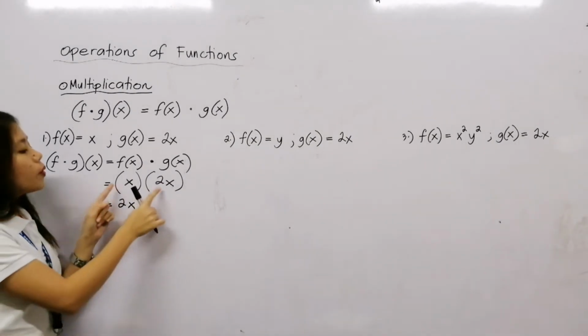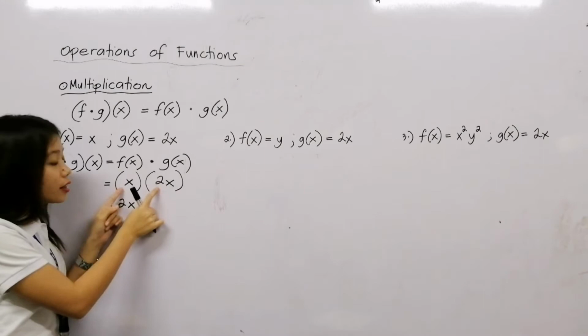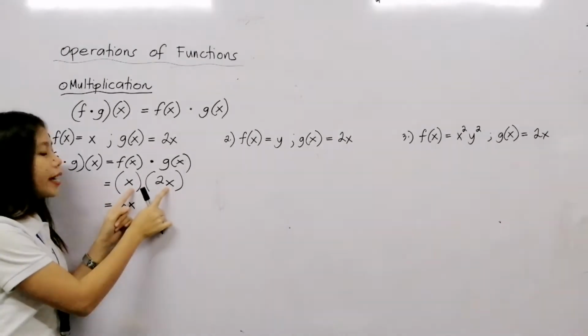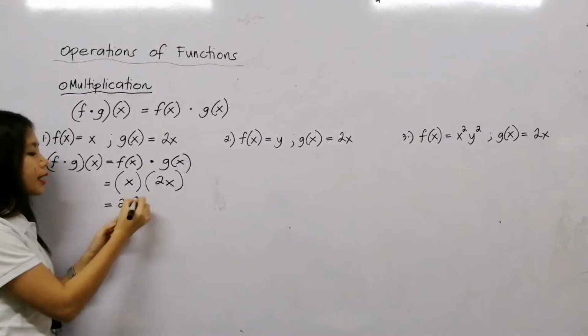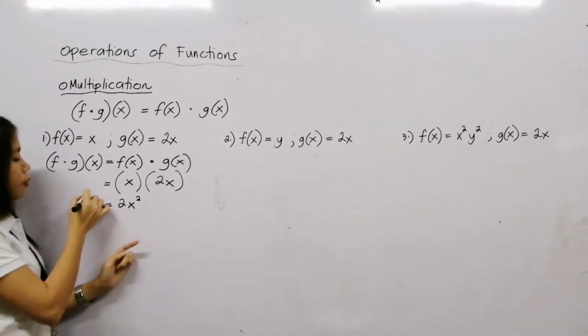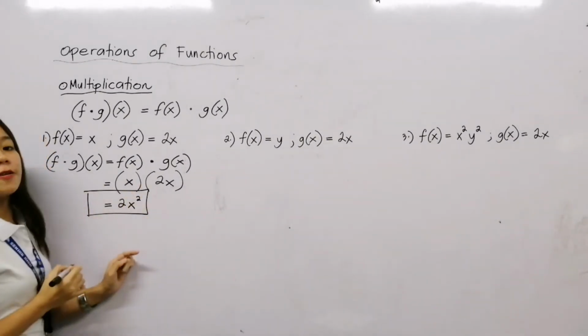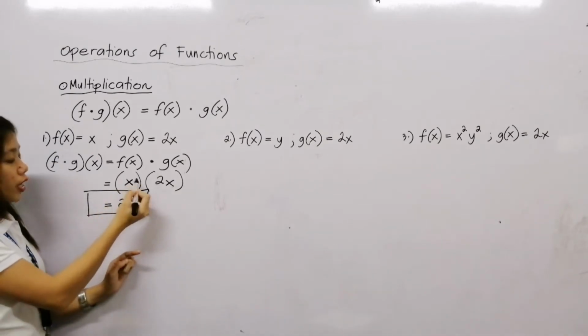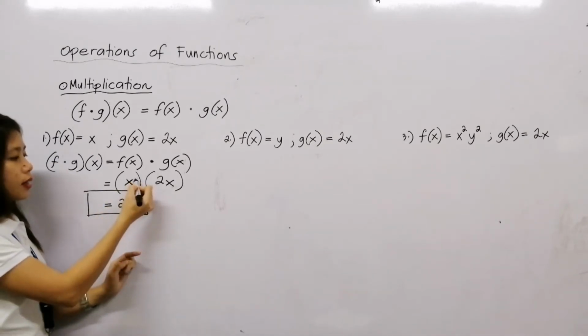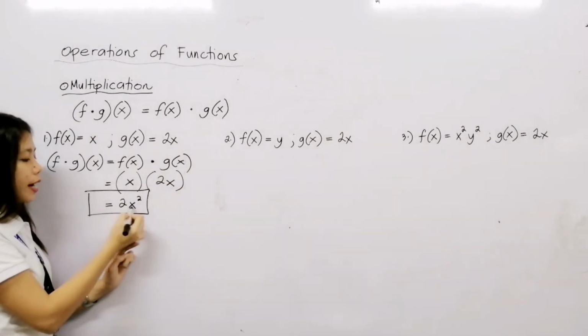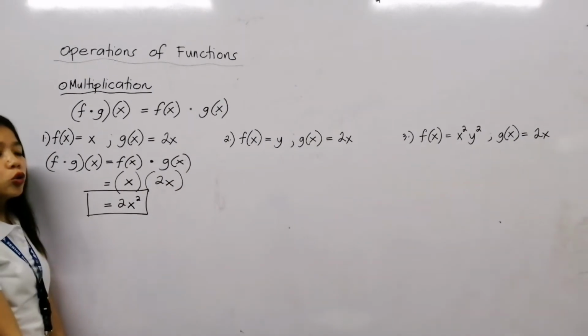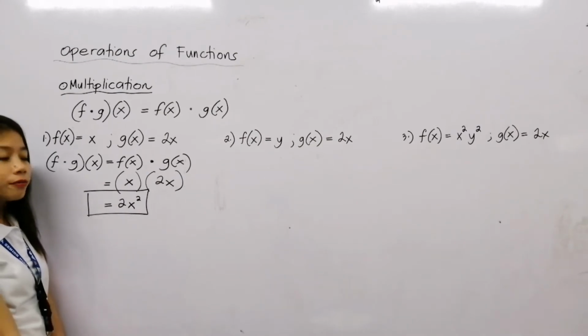Again, we multiply the numerical coefficients, we copy the variable, and we add the exponent. This would be now 2x squared. Final answer. The exponent here is 1, and on the other side it is also 1. So we have the result or the product of 2x squared.